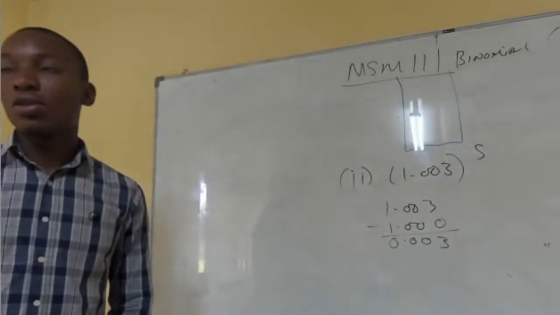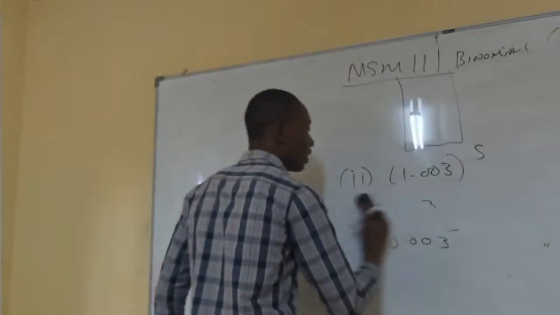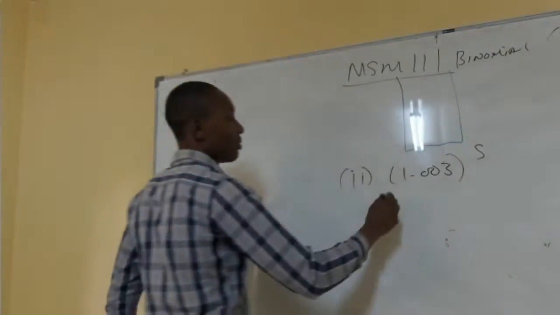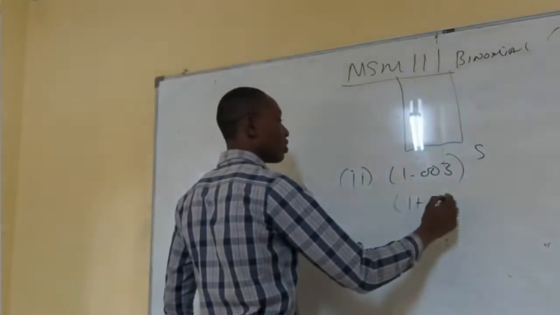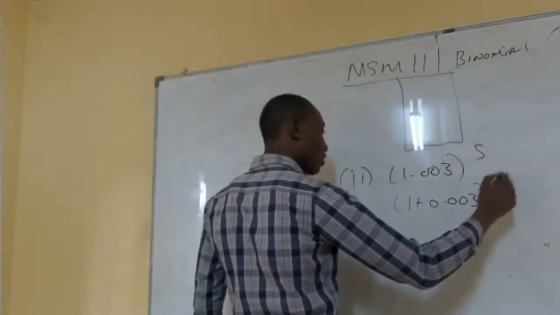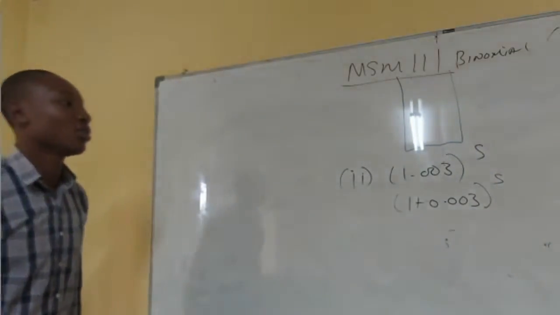So that is how they got there. So what we do is we're saying this is the same as (1 plus 0.003) to the power 5.